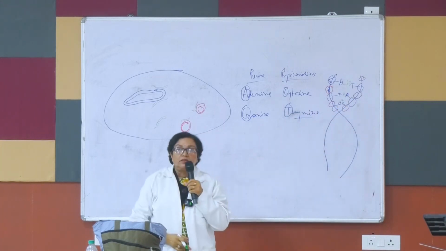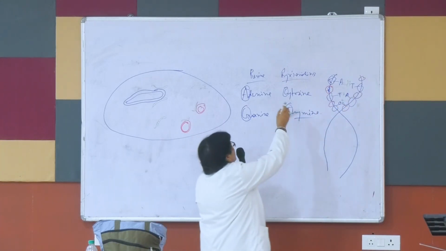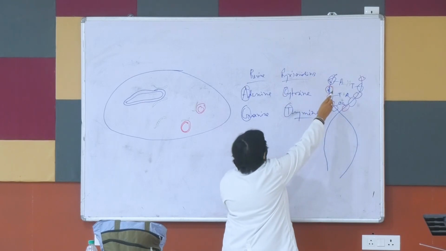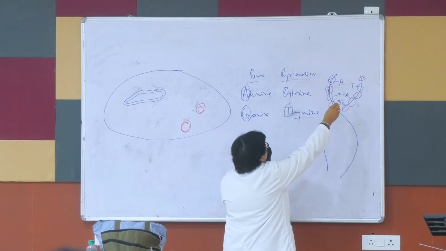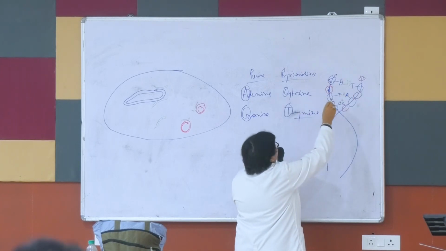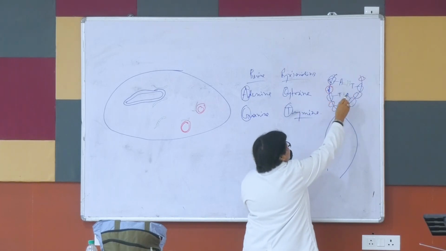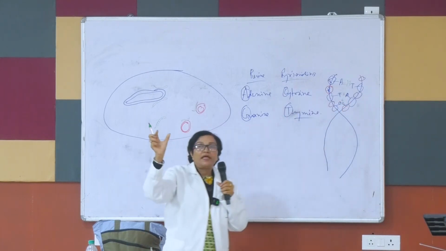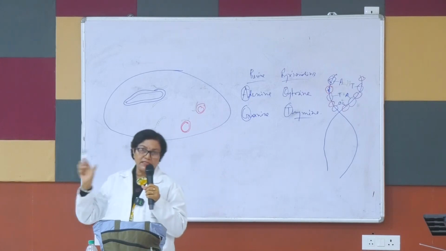So, here is one purine, that is adenine, and there is one pyrimidine, thymine. If there is T, there will be A. If there is C, there will be G. So, the combination is always ATGC.